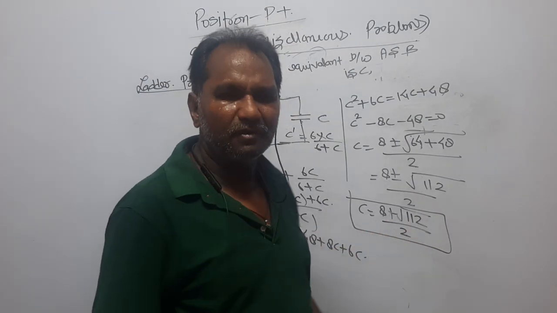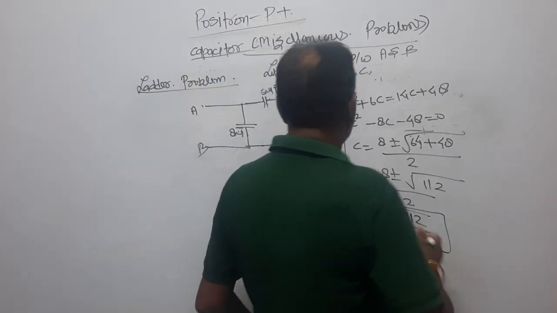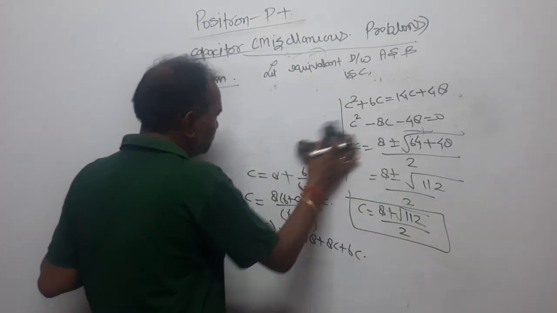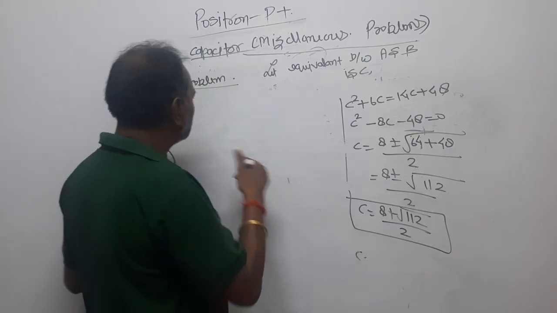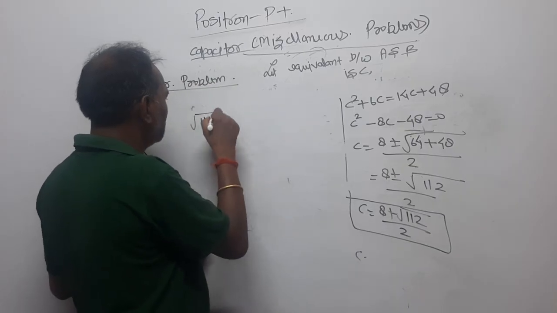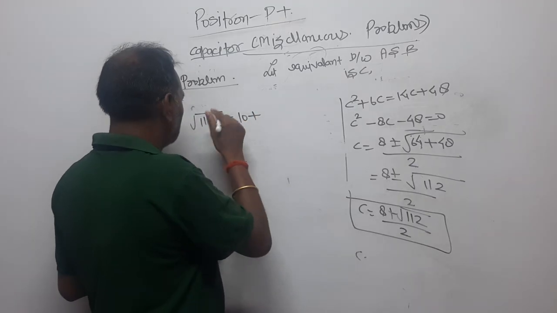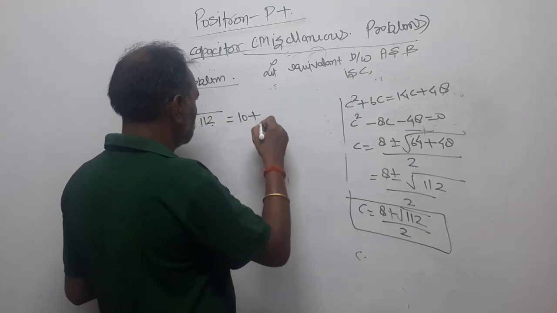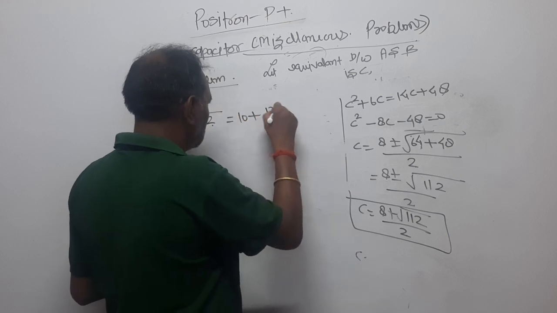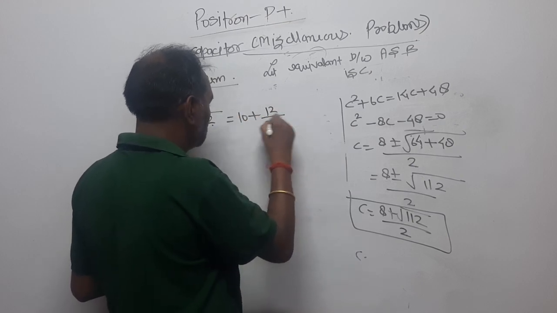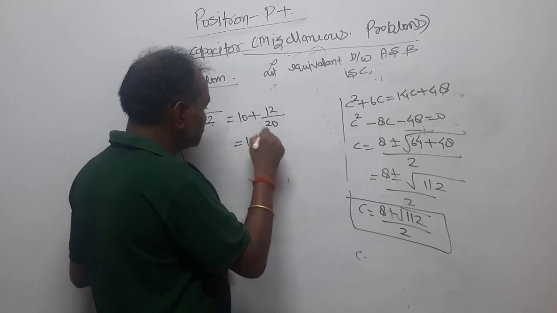You can solve root 112. If you want to solve root 112, being a student of physics, you should get the exact value. Root 112 would be 10.6.